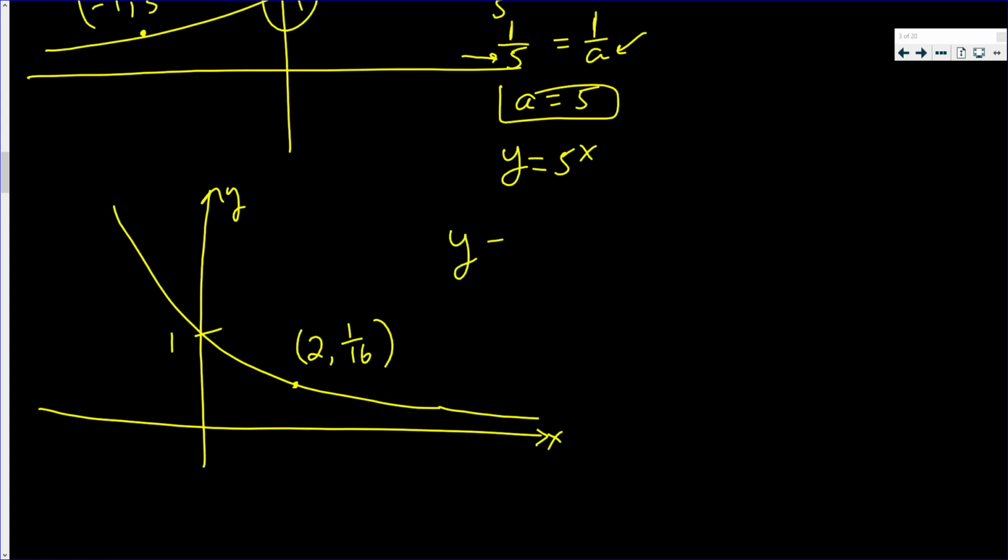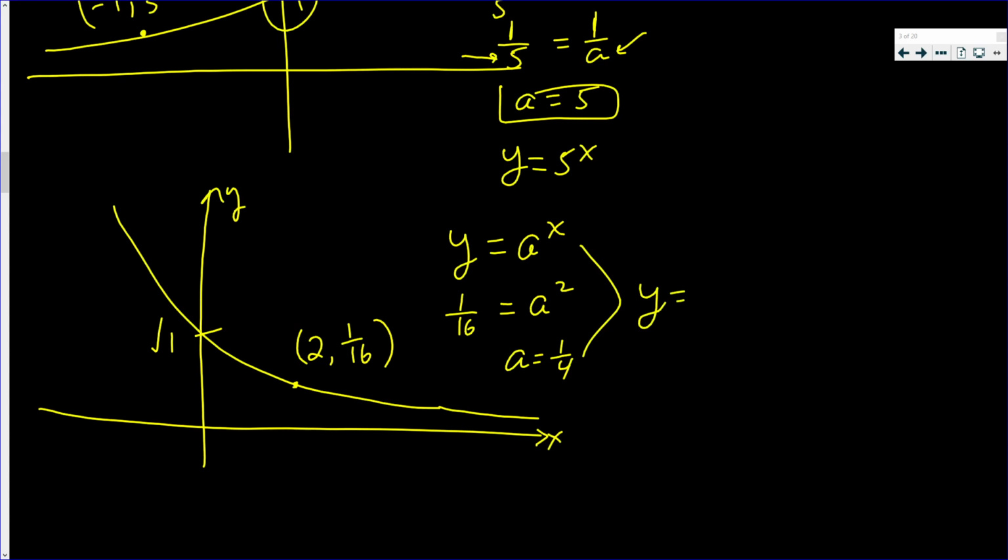So y is equal to a to the x satisfies that point. And when y is 1/16, x is 2. Well, if you square a quarter, you get a 16th.